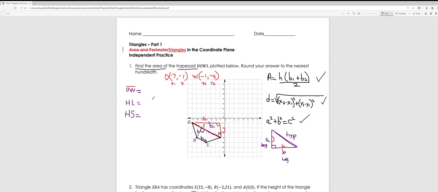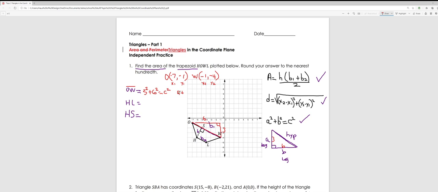So for OW, I'm going to use 3 squared plus 6 squared, and that's going to be equal to C squared. Then 3 squared, I'm going to go ahead and do this one for you, that will give you 9.